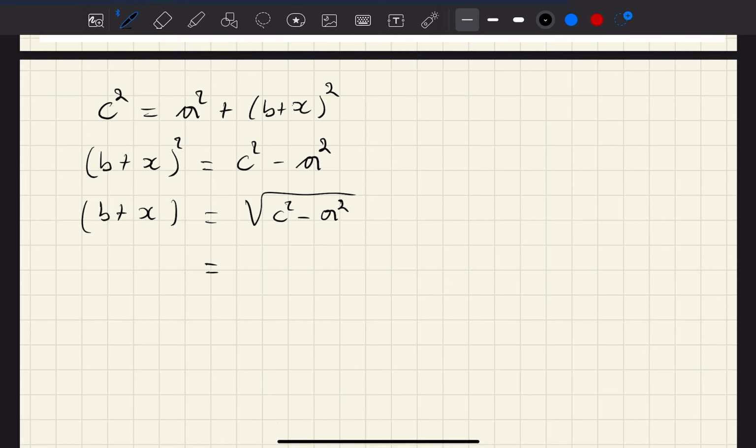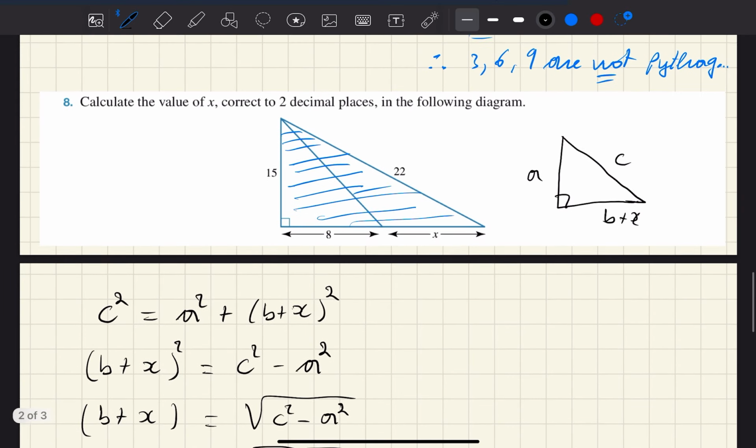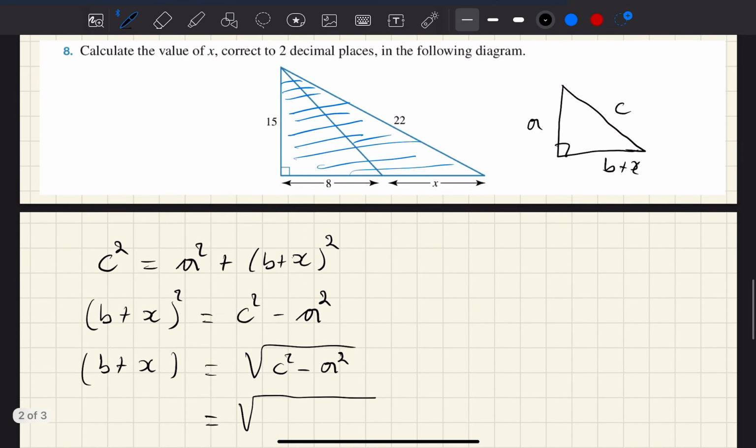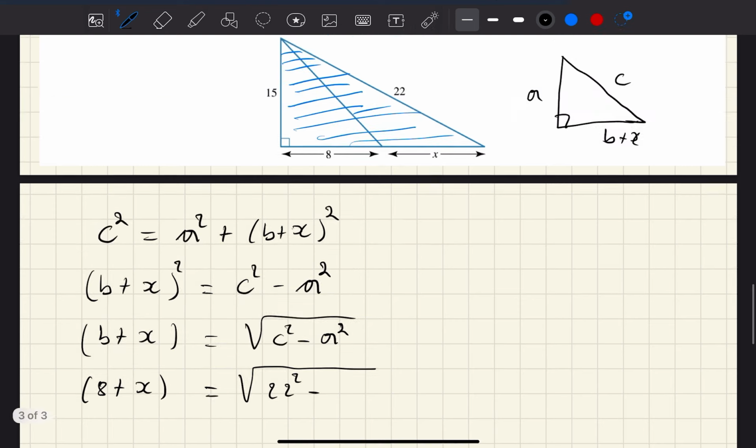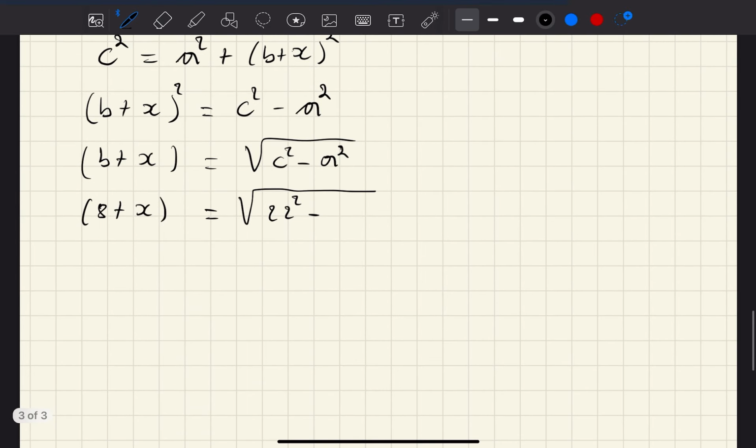Allow me to substitute in the values. We know C is 22 and A is 15, right? So here we're going to have 8 plus X is equal to the square root of 22 squared minus 15 squared.